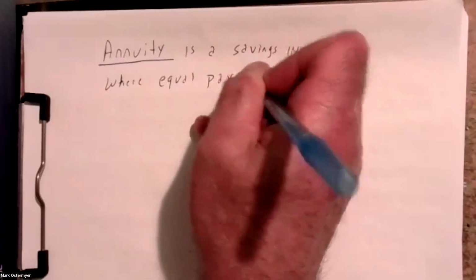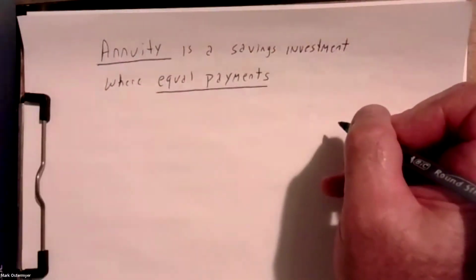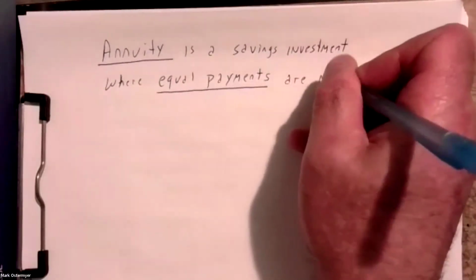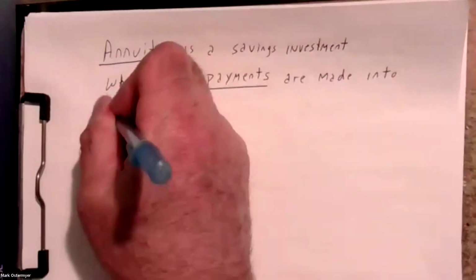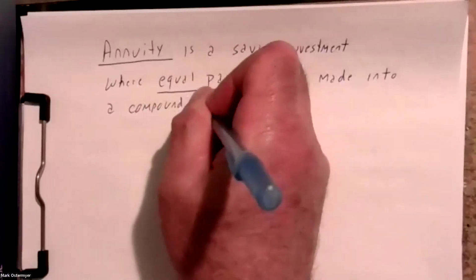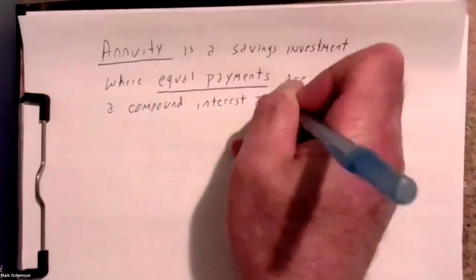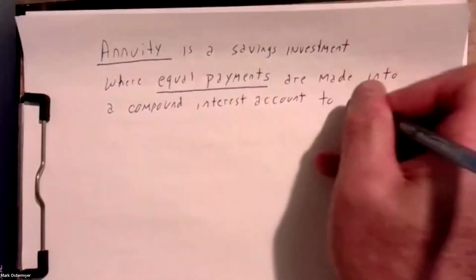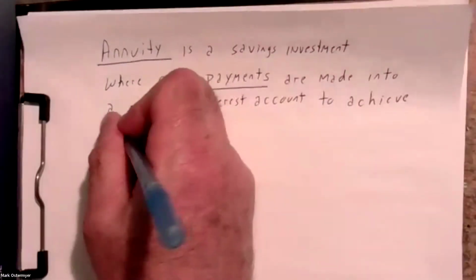All annuities are characterized by a stream of equal payments that are made into a compound interest account to achieve a future value.